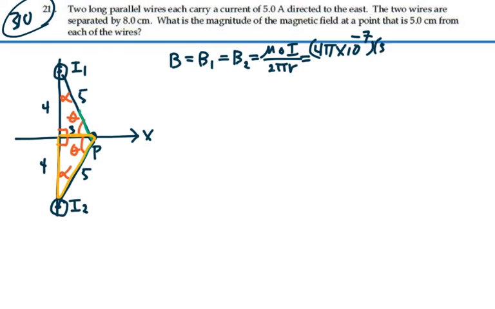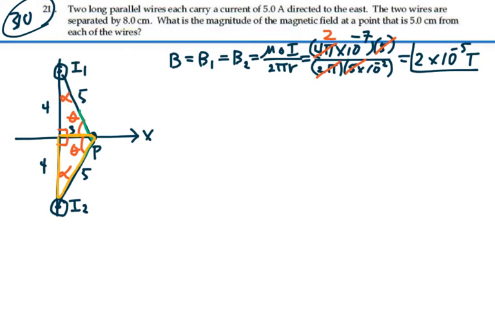The current is 5 amps over 2 pi, and then they're 5 centimeters away, 5 times 10 to the minus 2 meters. 4 pi divided by 2 pi is going to leave a 2. The 5's cancel out. 10 to the minus 7 divided by 10 to the minus 2 is going to be 10 to the minus 5. So this is 2 times 10 to the minus 5 Tesla. That's the same magnitude for each.